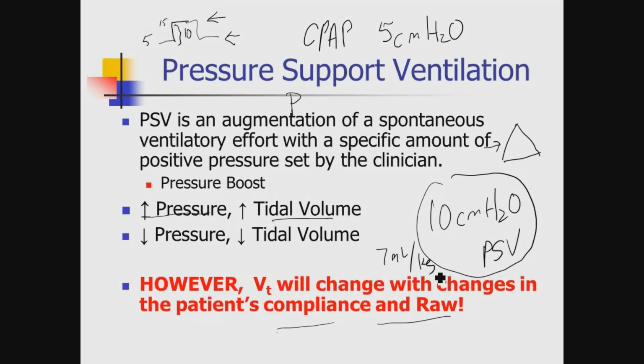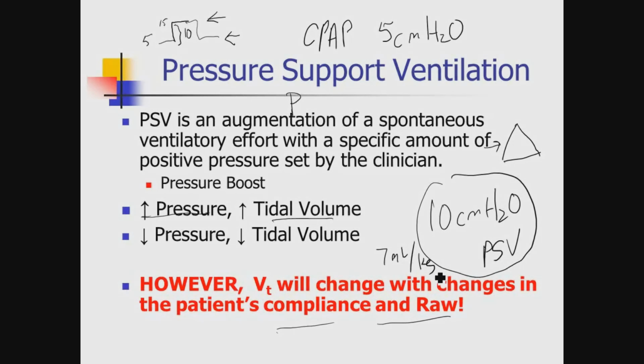Boy, it'd be nice to have an alarm on there that tells me, oh wait a minute, we do. There's a low tidal volume and quite often a high tidal volume alarm that makes sure that we're within that range. So I'm boosting their spontaneous tidal volume to get a bigger tidal volume. And for the most part, it works out pretty fine.